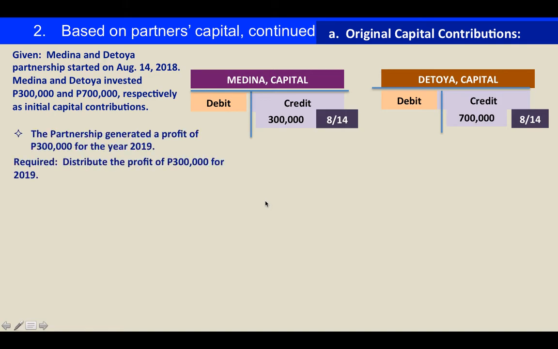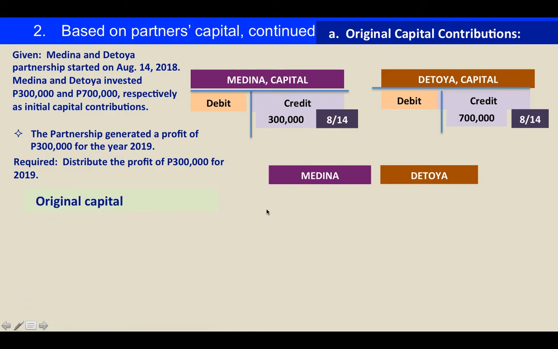So if we are going to distribute the 300,000 for 2019, we are going to use the original capital contribution because the illustration here is based on original capital contribution. So let us distribute the profit of 300,000 to Medina and De Toya using the original capital contributions.